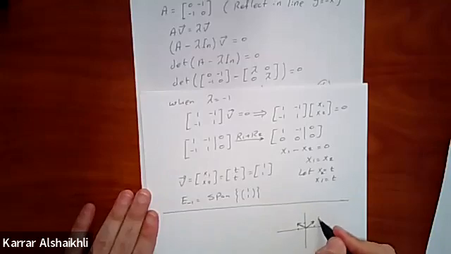This is the first one, which is 1, 1, and this is the second one, which is -1. If they're telling you projection onto the x-axis, do not confuse yourself about what they're telling you. First of all, find the eigenvalue and eigenvector. When you graph it, you will see the projection. That means this line is going to be projected on this one. So don't be confused about what they're telling you.